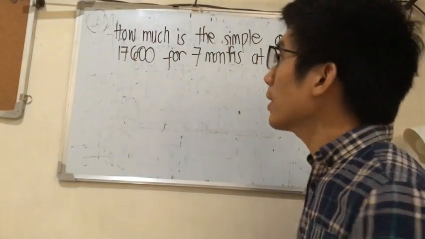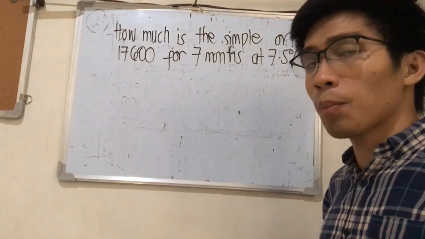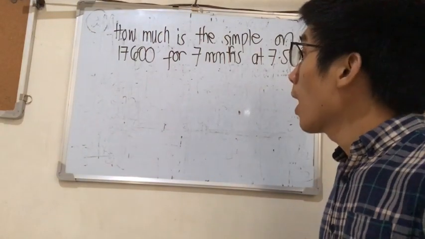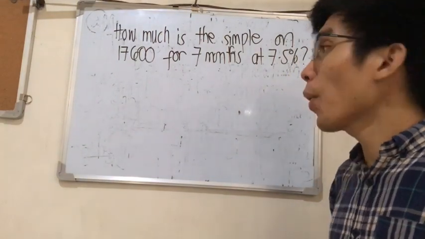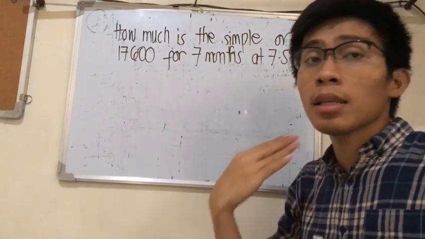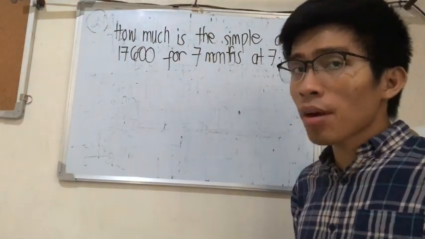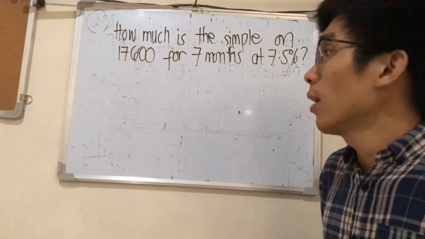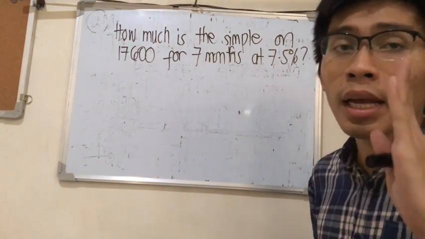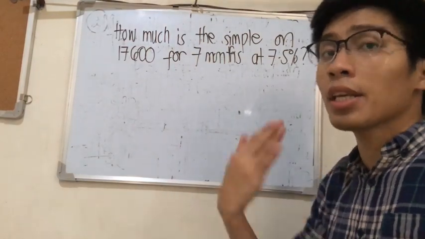Okay, hello again. So in my previous examples, I solved problems wherein the time is in years already. What if we are going to find the simple interest given a time shorter than a year?